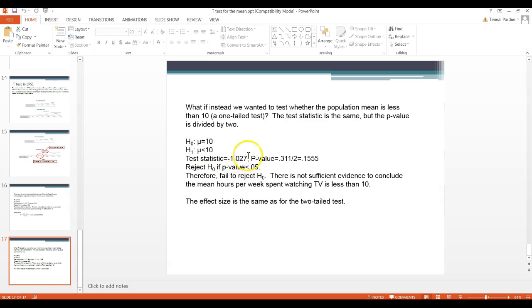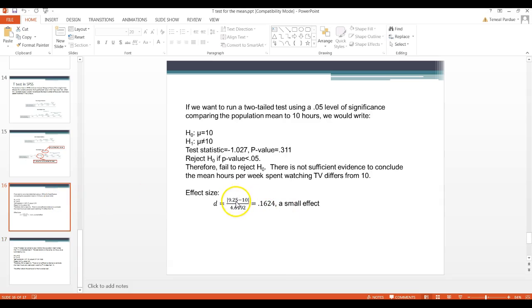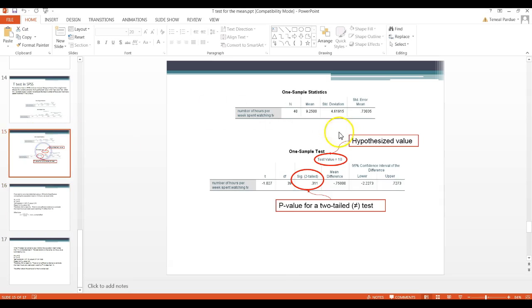The test statistic is the same, but the p-value is divided by 2, which in this case happens to yield the same conclusion, the same result. All right, and then to get the effect size, we just use the statistics up here.